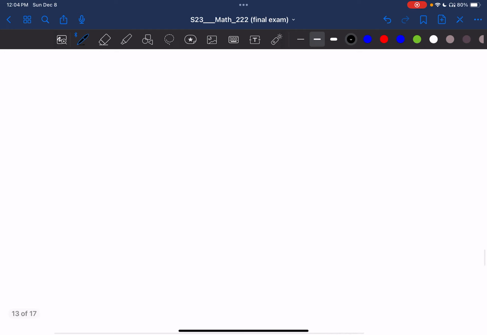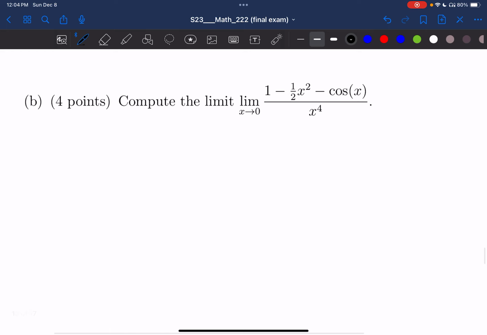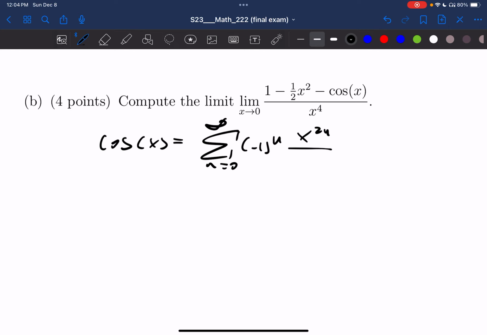And that's pretty simple. Compute the limit as x goes to 0 of this. Recall that cosine x is equal to the summation as n equals 0 to infinity of negative 1 to the n, x to the 2n, divided by 2n factorial.